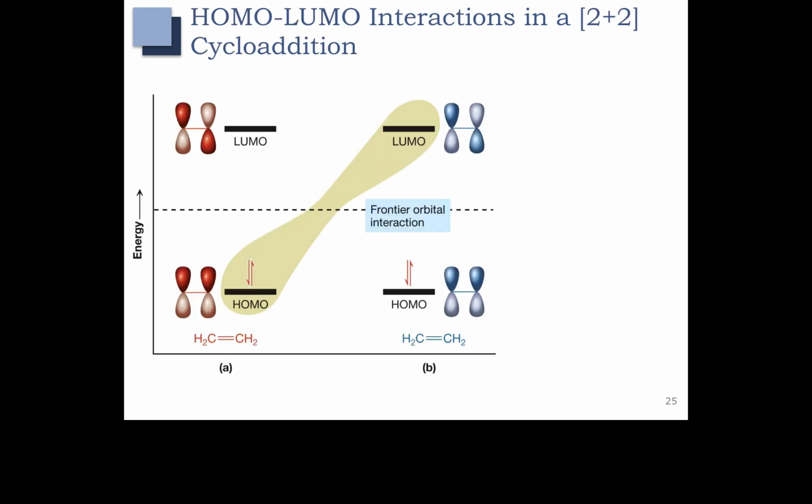Notice that in the 2+2 reaction, and let's draw that out, you would have the blue electrons coming down to form a bond and the red electrons coming up. And that would give you a 4-membered ring.